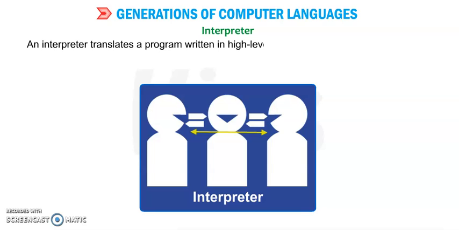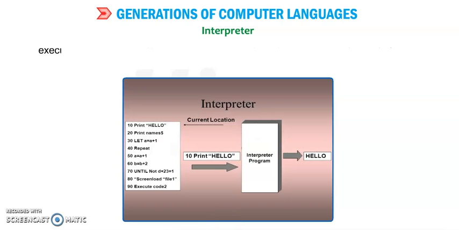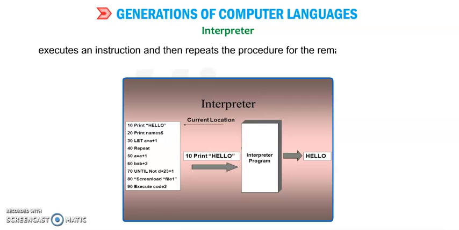Next is the interpreter. It translates a program written in a high level language into a low level language program, but line by line. At a time only one line will be converted. It executes an instruction and then repeats the procedure for the remaining instructions.